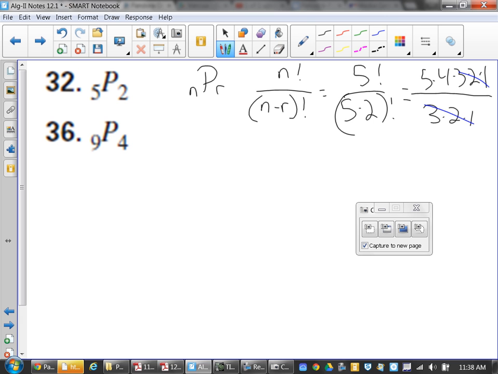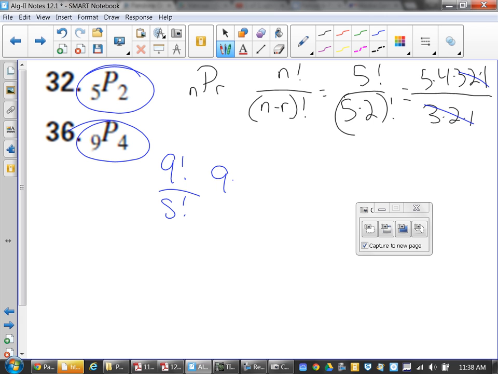But I want you to notice this. Look at what we have here when you have a permutation, 9 permute 4. What is 9 minus 4? It's 5. So what's in your denominator? 5. So it's 9 factorial over 5 factorial.